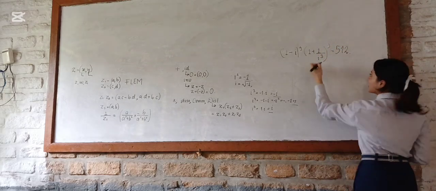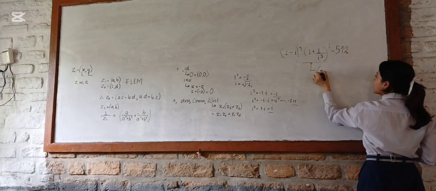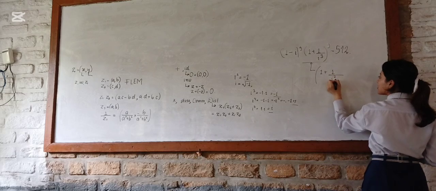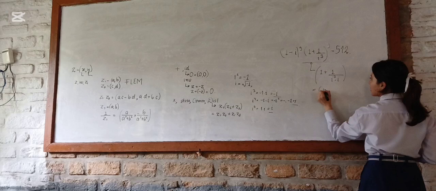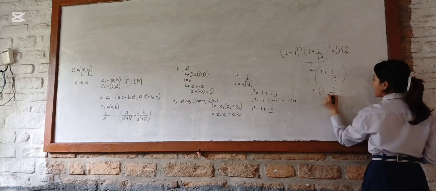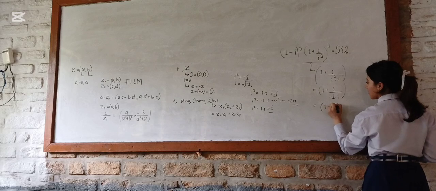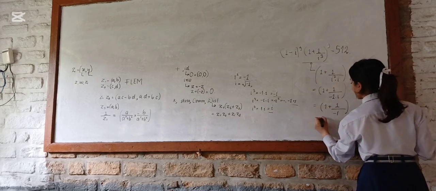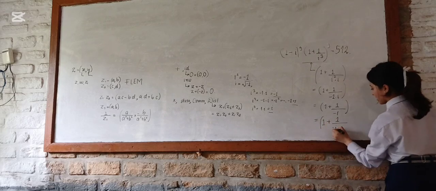First we have to break down this complex part. It will be 1 plus i to the power 2, i, 1 plus -1 into i will be 1 by -i, and here's a trick.